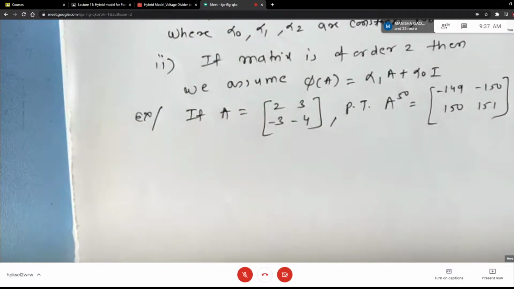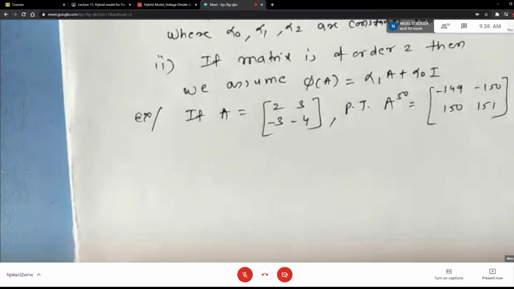Okay, I'll dictate. Prove that A raised to 50 is equal to minus 149, minus 150, and the second row is 150 and 151. Okay? Thank you, ma'am. Yes.